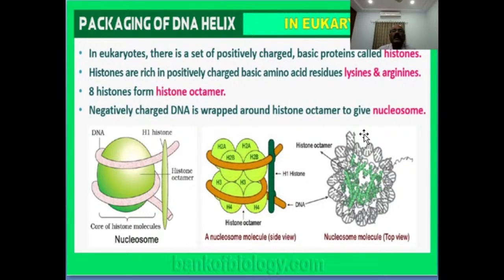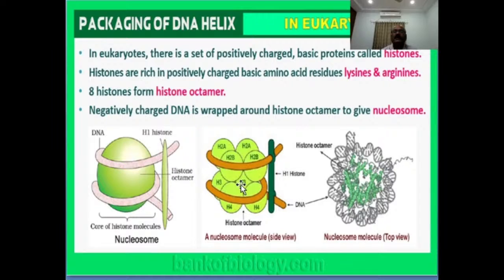In eukaryotes, there is a set of positively charged basic proteins called histones. Histones are rich in positively charged basic amino acid residues, lysine and arginine. Eight histones form a histone octamer. Negatively charged DNA is wrapped around the histone octamer to give a nucleosome. You see, this is a nucleosome structure. In this nucleosome, the histone core is there.